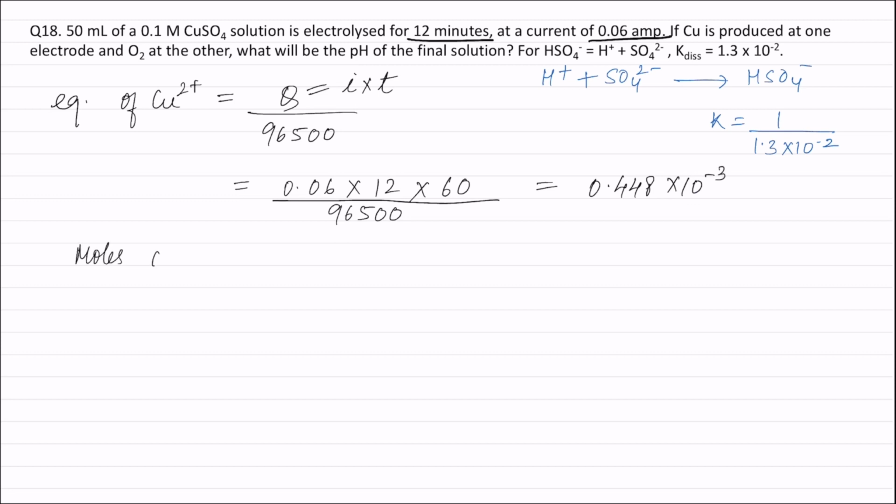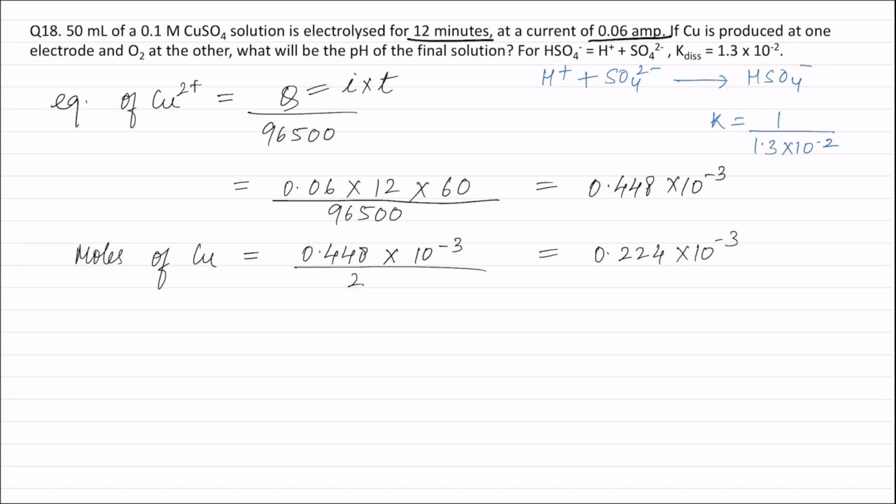Now moles of copper will be equal to equivalents of copper, that is 0.448 × 10⁻³, divided by valency factor, that is 2. 2 is the valency factor of copper. Now this is equal to 0.224 × 10⁻³ moles.